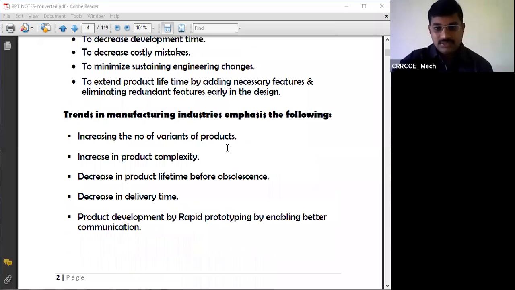Trends in manufacturing industries emphasize the following. How will companies think, and what are the requirements for companies?